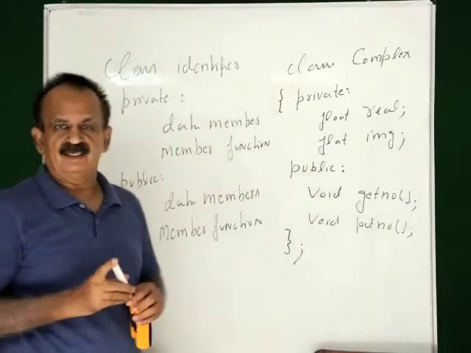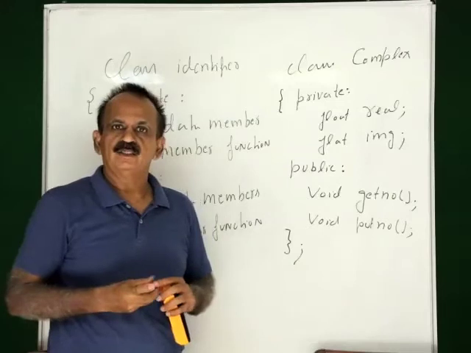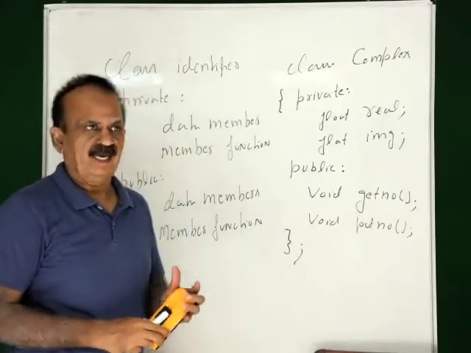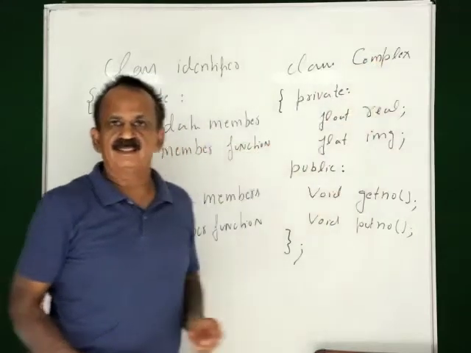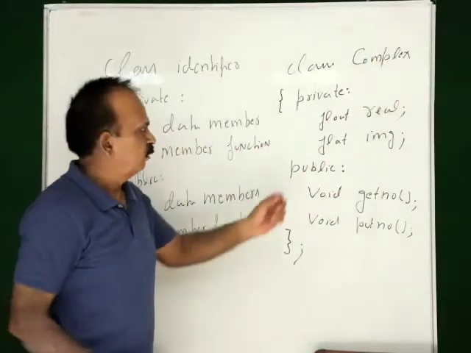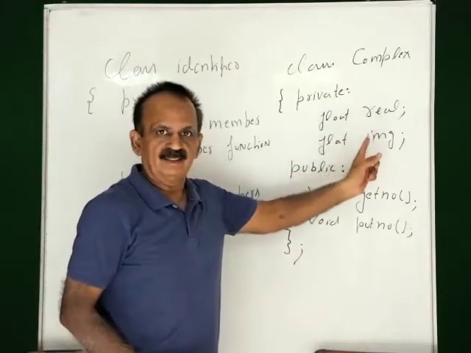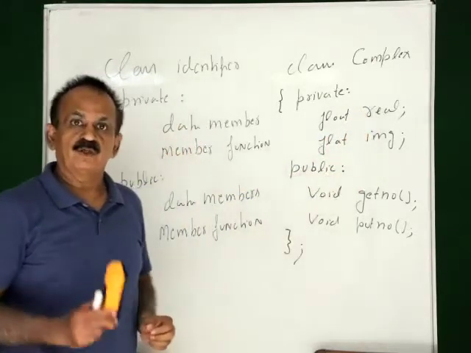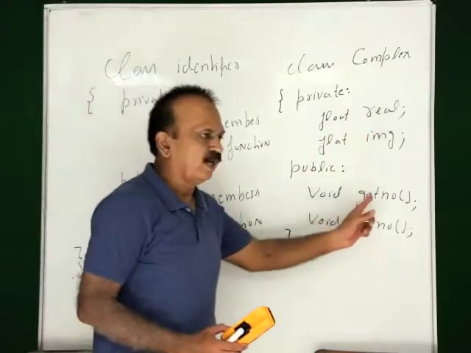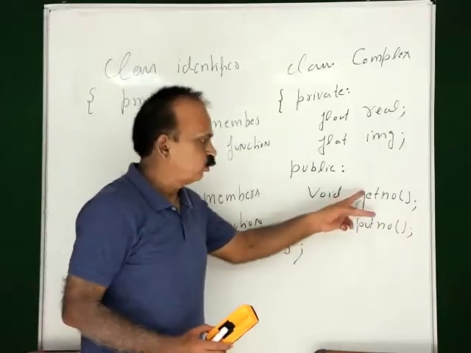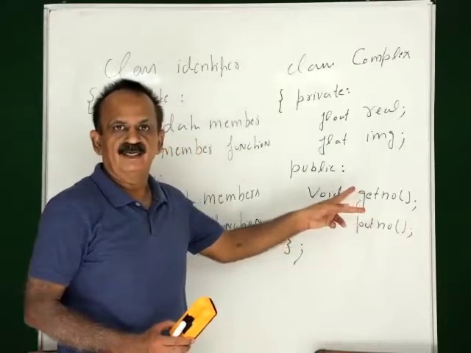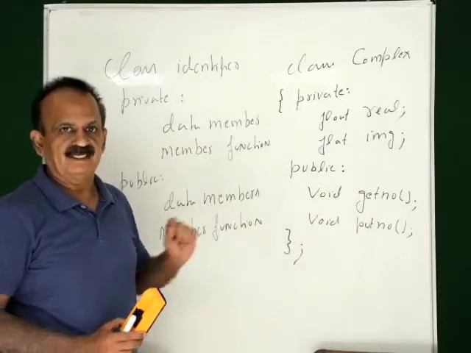With this declaration, I declared one user-defined data type, and that is the class complex. It consists of two data members, one is real and the other one is imaginary. It also contains two functions, one is get number and another is put number. These two are the declarations of these member functions within the class.